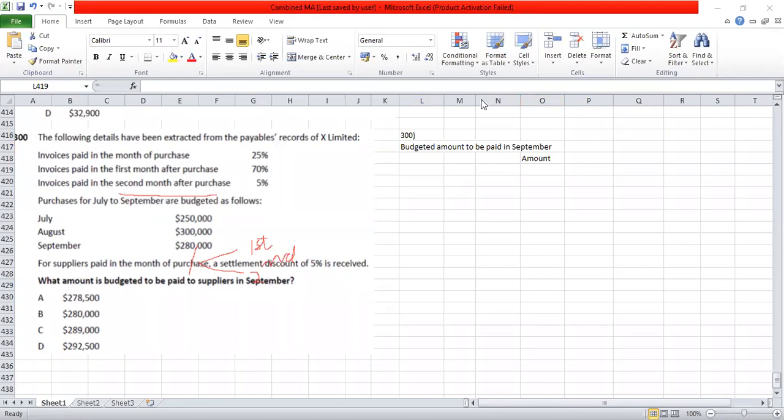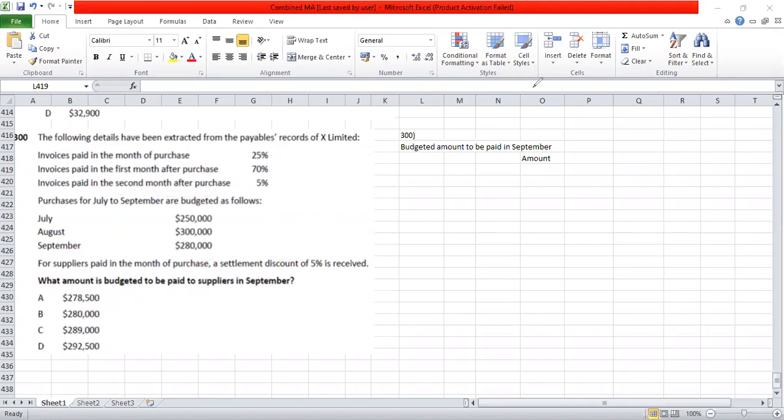We see that the following details have been extracted from the payables record of X Limited. Invoices paid in the month of purchase 25%, in the first month after purchase 70%, and 5% is paid in the second month after purchase.